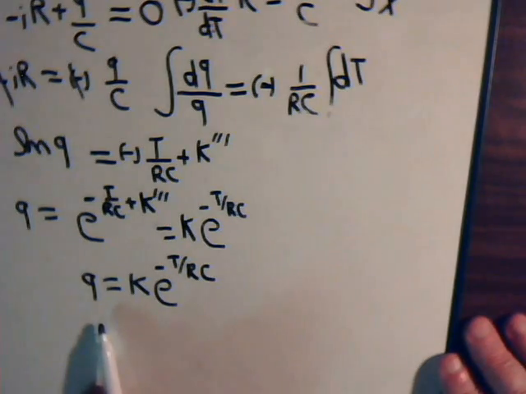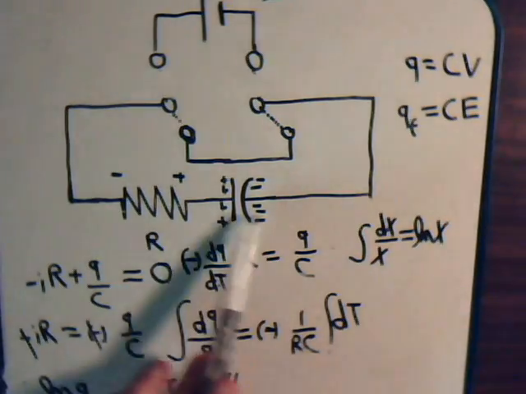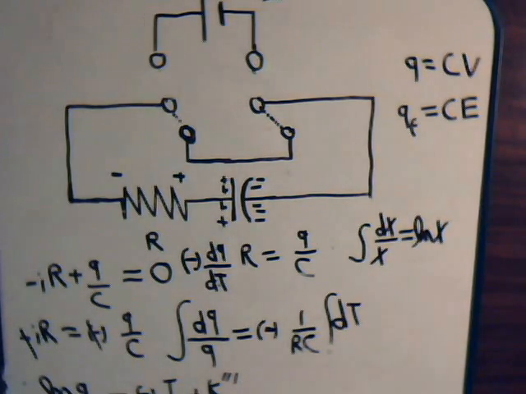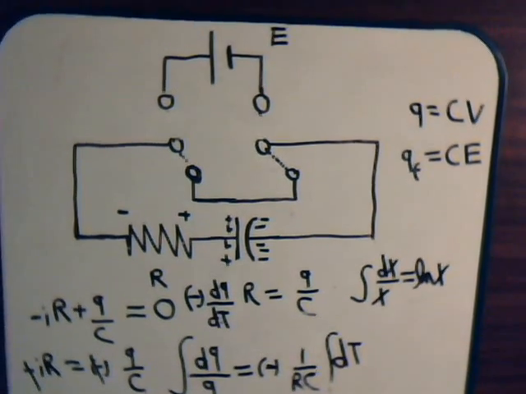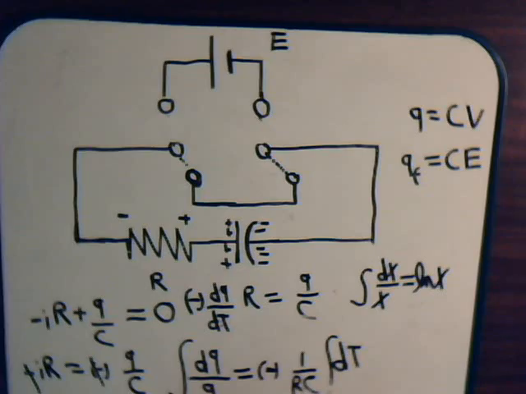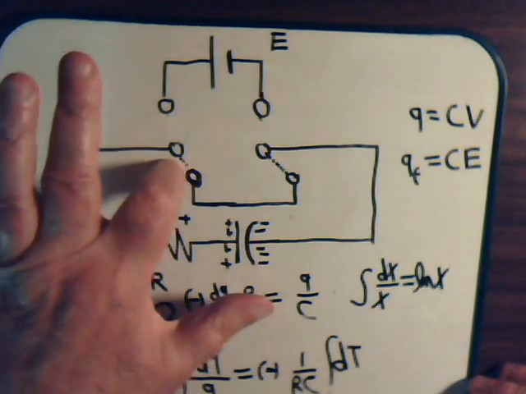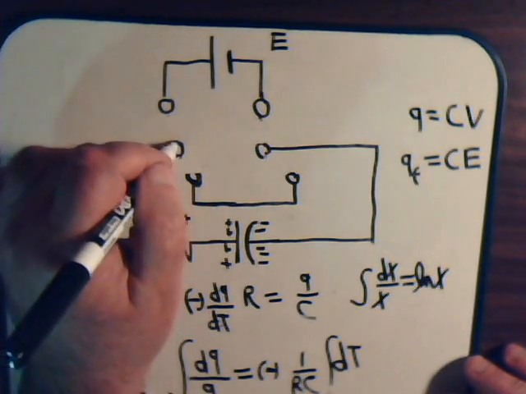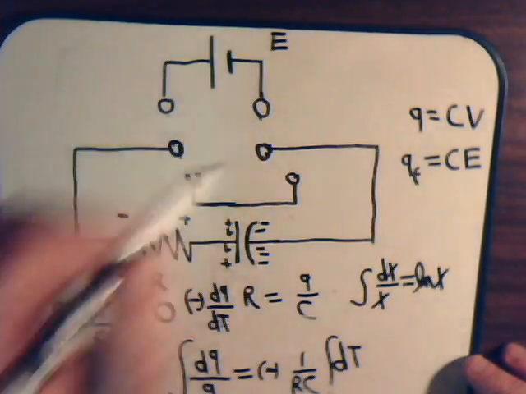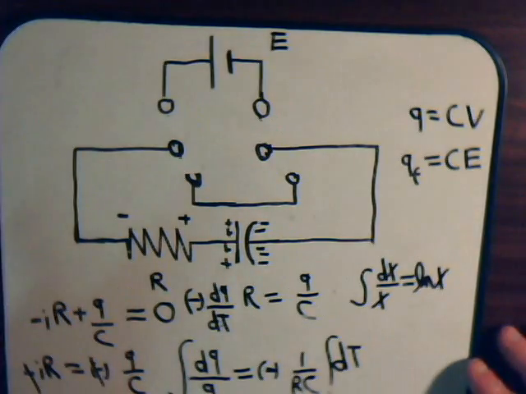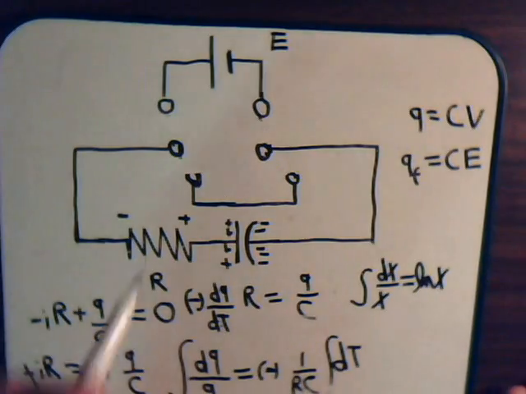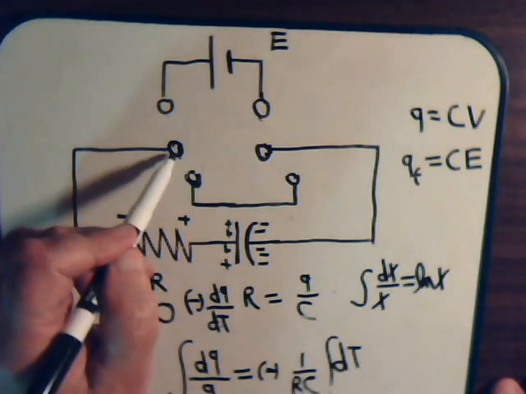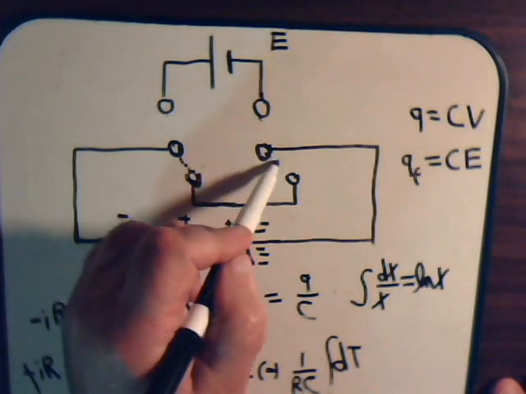And Q, of course, is the amount of charge in the capacitor, and as this discharges, Q is going to be smaller and smaller. Now, let's go back to here. Remember what it was like at t equals 0, before we got it connected here, fully charged. We disconnect this. Then at time t equals 0, we connect it like this.